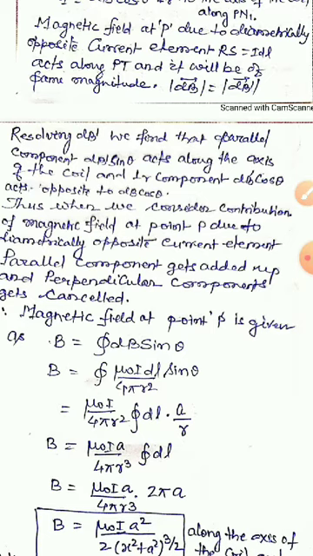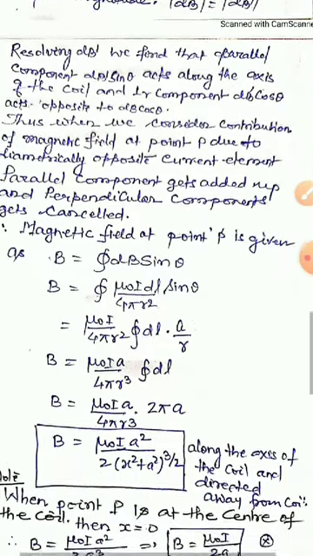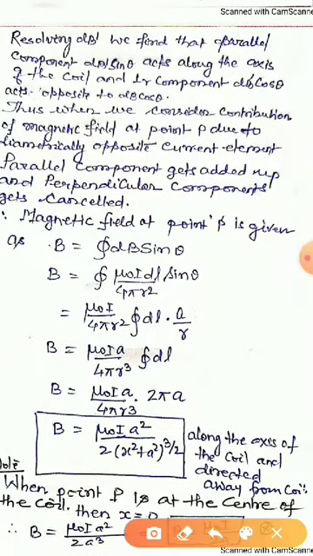Now put the value of dB and sin theta and integration of dl. Just as I had explained in the previous application, integration is a process of summation. So integration of dl over closed path means adding the length of all the elementary elements.